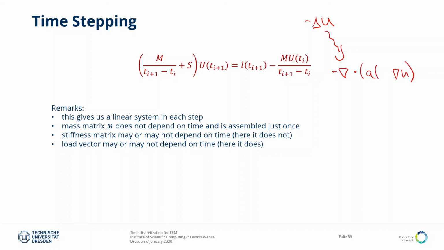And then this coefficient a here could change over time. Then you would arrive at some S of t_{i+1} instead of S. That's doable. And the load vector, in our case, it depends on time, but it can also not depend on time. So it's always a question if your external load is changing or not.